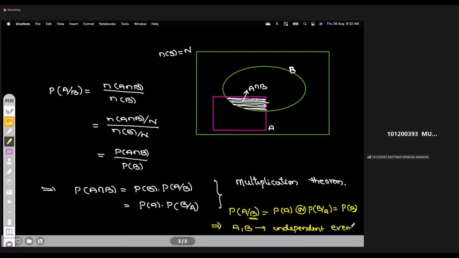Independent events means occurrence of A is not affecting the occurrence of B.